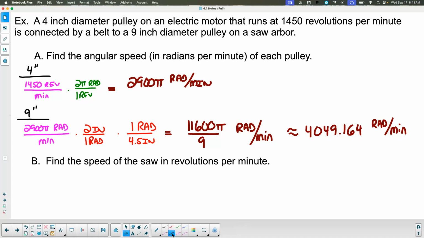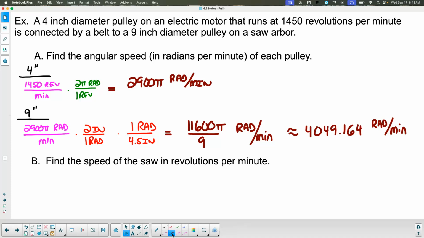So that's radians per minute of the smaller one, right? Need to get to linear speed. So the 4-inch diameter is 2 inches over 1 radius, which is 1 radian. So now I'm in inches per minute through here, right? Which is a linear speed of the belt that's connecting the two.